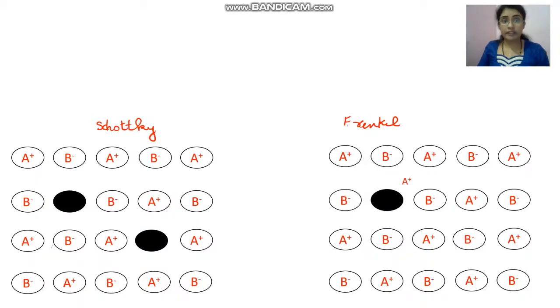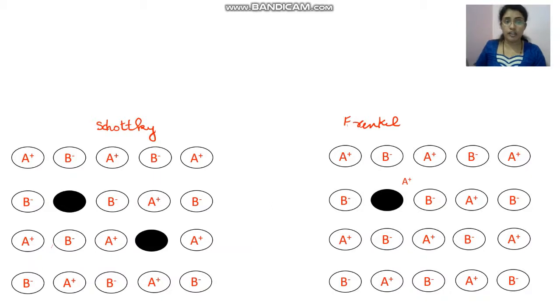In a Schottky defect, an equal number of cations and anions are missing from the system. That is, a cation and an anion are missing.